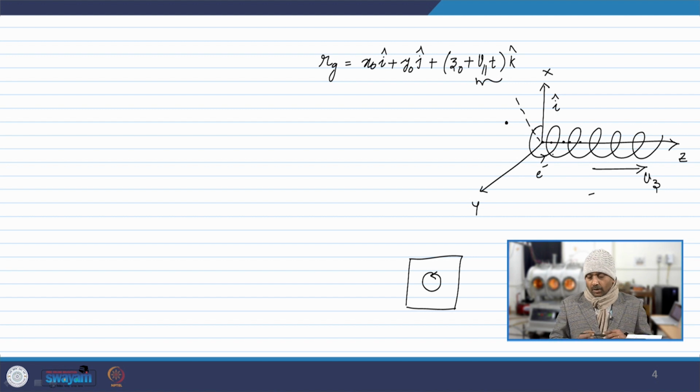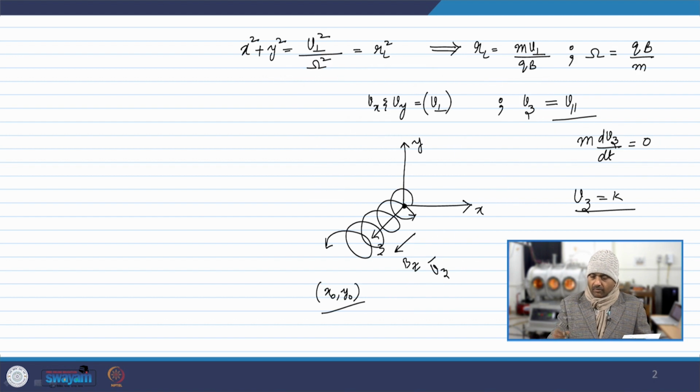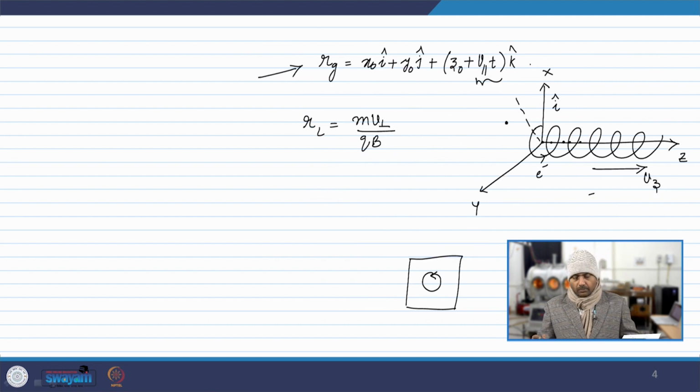You remember this. Now, the radius, we will come back to this, RL is m v perpendicular by qB. That means the radius will be small for lighter particles, when the mass is very small. But when you consider ions, the radius will be larger.